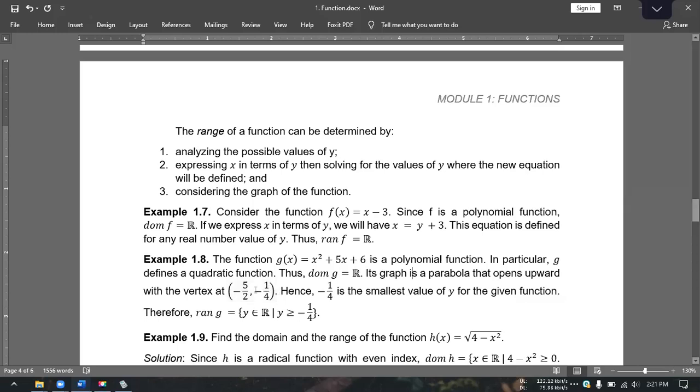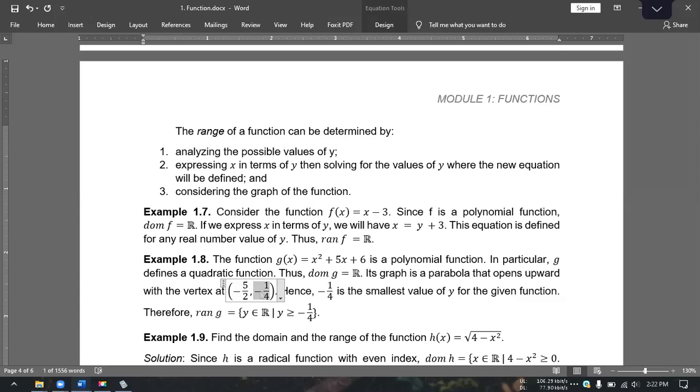And we'll be focusing dito kay y. Now this is x and this is y. This is the coordinate of the vertex. And we have this -1/4. Now if the parabola opens upward, ibig sabihin, -1/4 is the lowest y of the parabola.